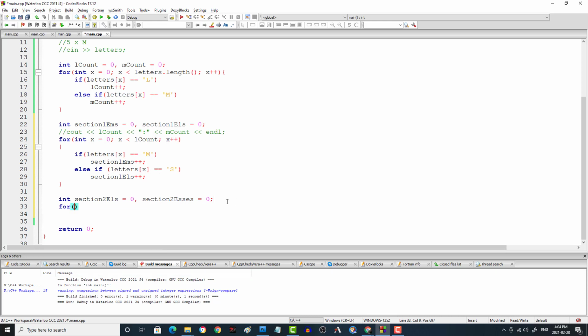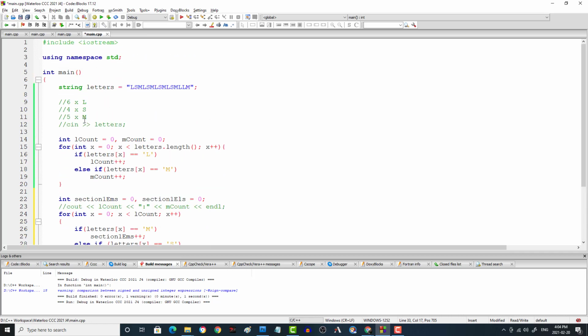Okay, so then we're going to say for int X is equal to, well, where do we start? We don't start at 0. Section 2, if you look here, is going to start at our L count, right? Because remember our L count here was 6, and we're going to go 0, 1, 2, 3, 4, 5, 6. But remember from before that the indexes were from 0 to 5 for the section for the L's.